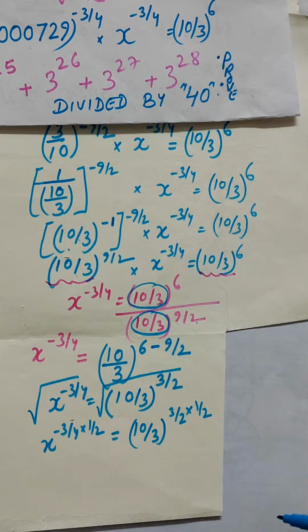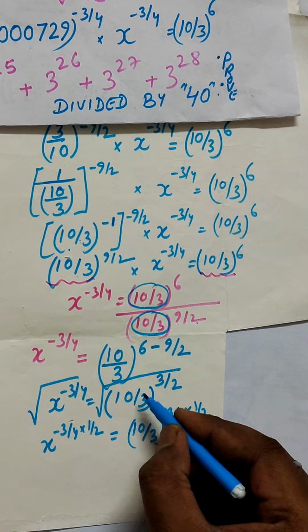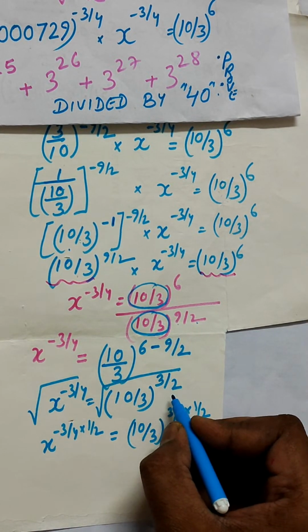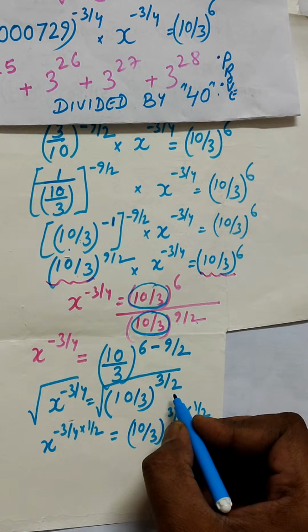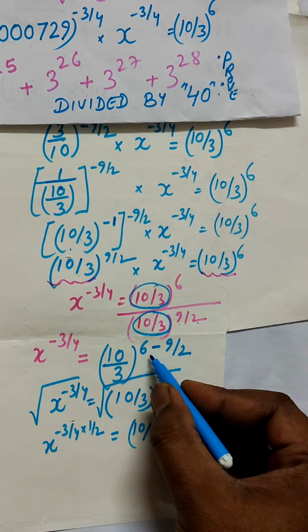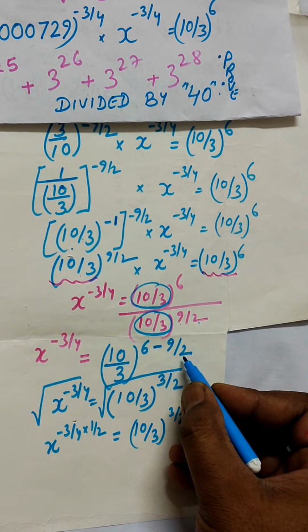Tell me. X power minus 3 by 4 was equal to 10 by 3 power 3 by 2, right? Here 10 by 3 power 3 by 2, because 12 minus 9 is 3 and 2 was into the denominator, right?